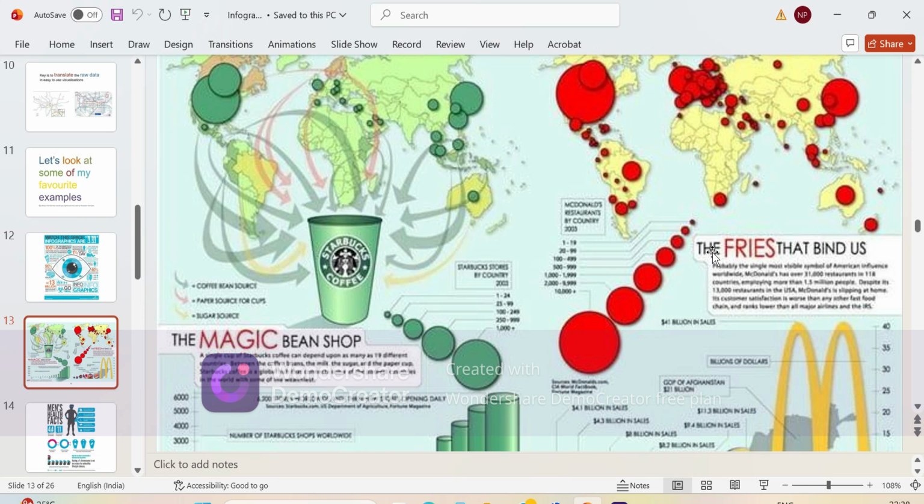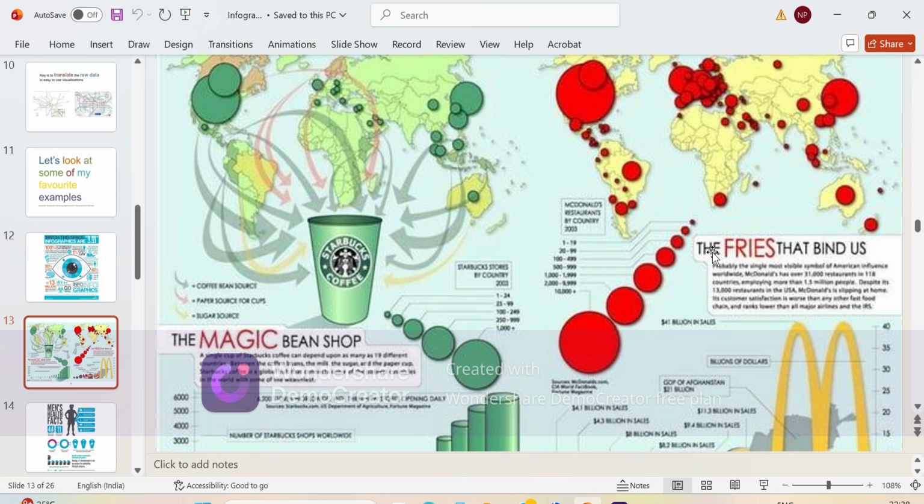So this is an infographic representing different dimensions of data for different purposes. It could be for sales, or for knowing the profit and loss, and where the major population is consuming the fries as well as their products in larger volume, to plan for better production.